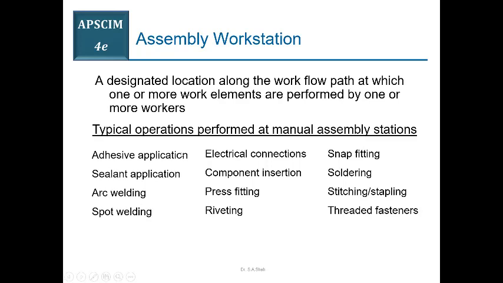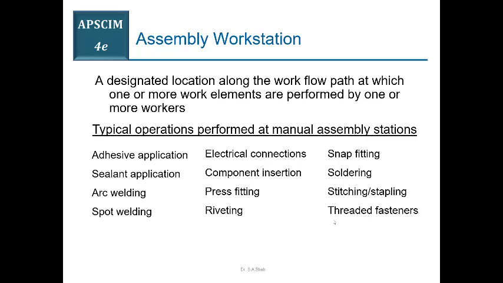So, चूंकि assembly operations है, so most of the operations may be adhesive operations, sealant applications हो सकते हैं, arc welding होगी, spot welding होगी, electrical connections होंगे, press fitting, etc. So, all the joining processes to join two parts will be part of the assembly workstations.